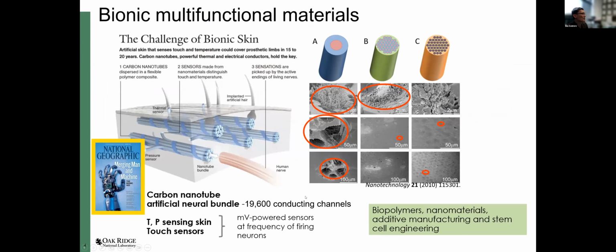One of the interesting applications, I believe, is to revive concepts of bionic multifunctional materials. Back in 2010, we looked at the potential application of carbon nanotubes for generation of artificial neural bundles, which seemed to be reasonably well done with a glass material as a matrix, isolating about 19,600 conducting channels within the glass fiber, which is only 0.5 millimeter thin in diameter, using scalable technology, but it's not really compatible with biology.